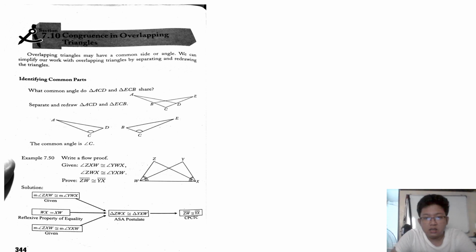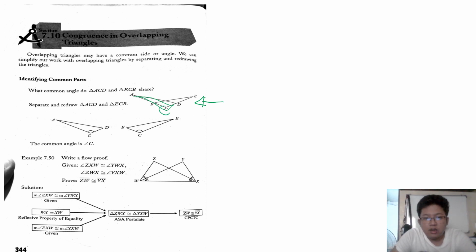As you notice, ito po yung ating figure. Ano ba yung magkaparehas sila? Triangle ACD and triangle BCB.